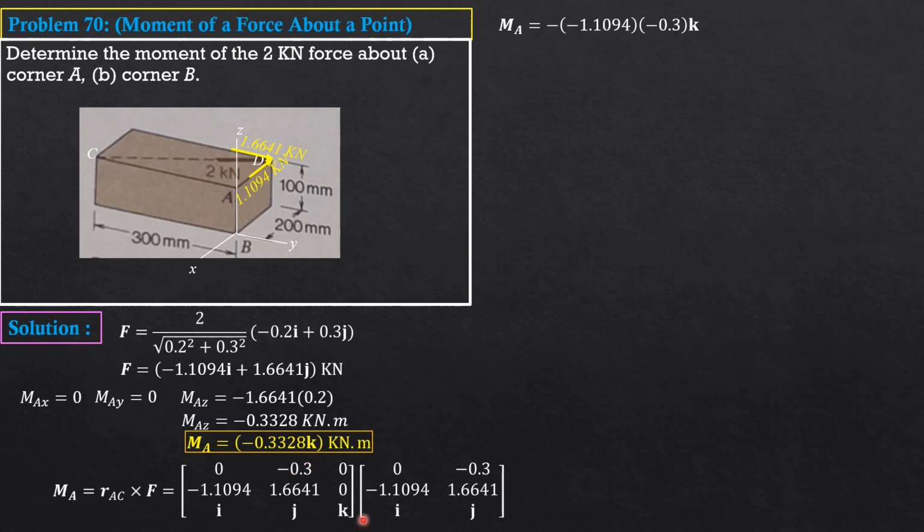So MA is equal to negative 0.3328 K kilonewton meter, or simply its magnitude is 0.3328 kilonewton meter.